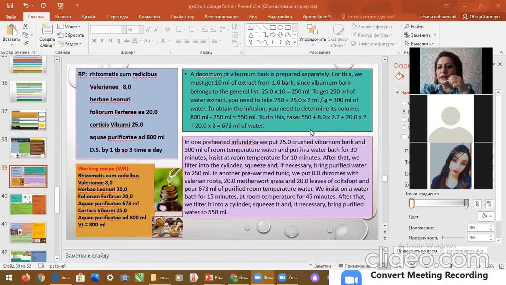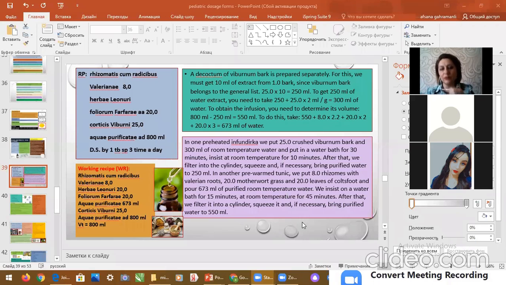And to do this, take 550 plus 8 multiplied by 2.2 and plus 20 multiplied by 2 and plus 20 multiplied by 3. This is equal to 673 ml of water.